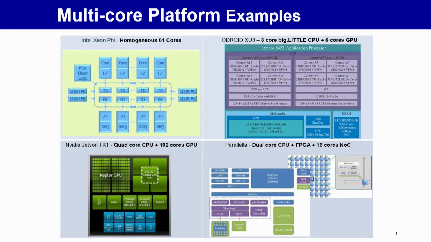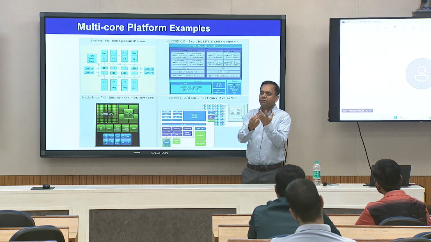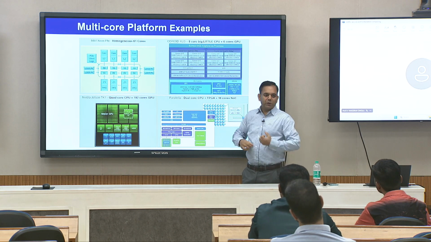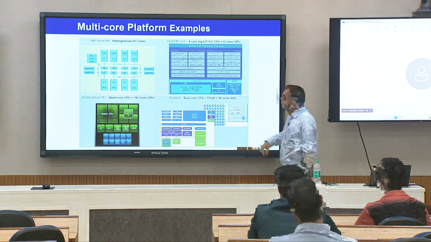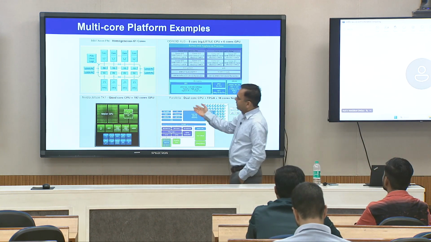That has 8 big little cores. These are big cores, these are little. In appearance also their size is different, so one big can accommodate 4 little. Later on we are going to see where exactly this was used.